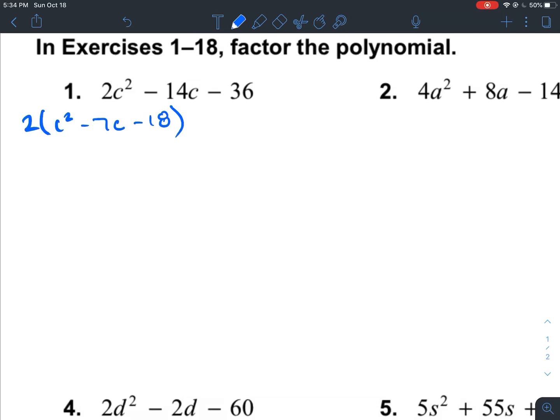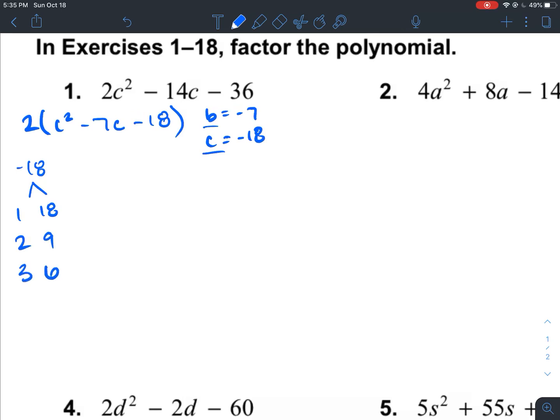So again, we write down what b is equal to. So b is equal to negative 7 and c is equal to negative 18. Okay, so now we have to take two numbers that multiply to be c and add to be b. So c is negative 18. So what are numbers that multiply to be negative 18? Well, that'd be 1 and 18, 2 and 9, and 3 and 6.